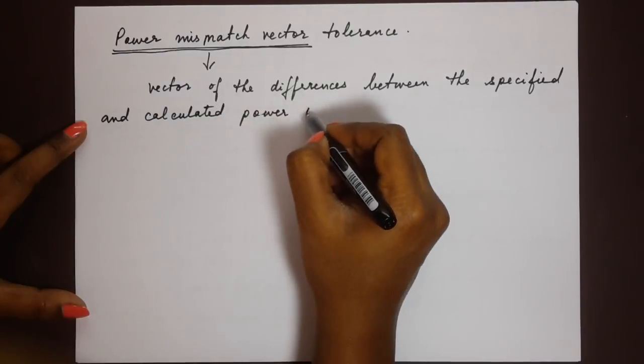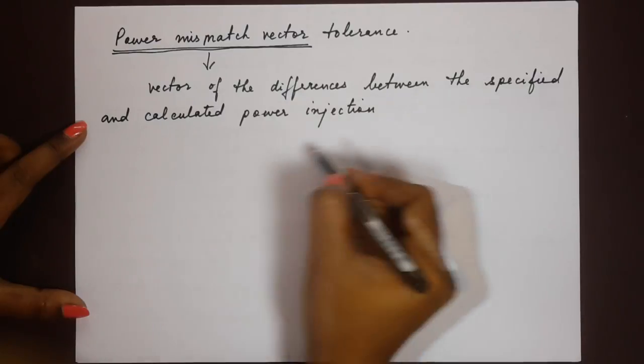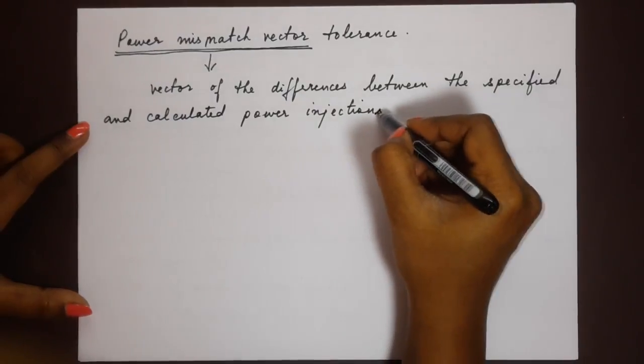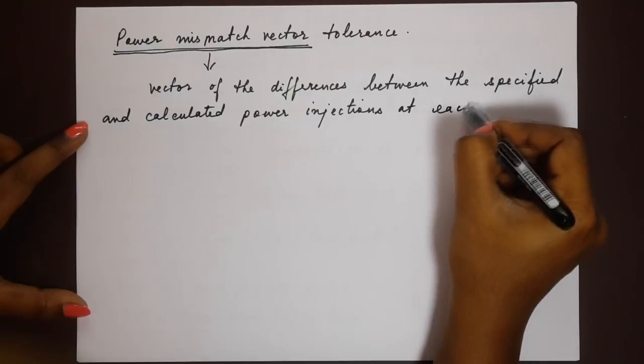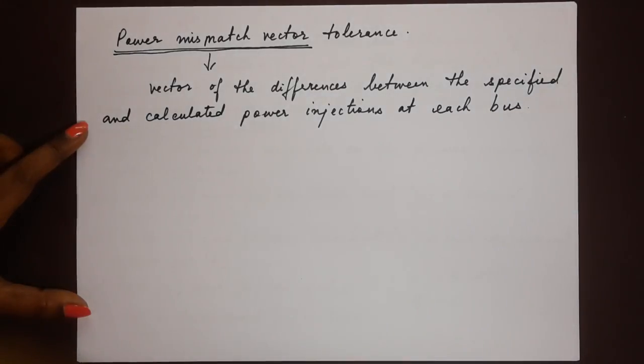These are actually power injections, specified and calculated power injections at each bus. So power mismatch vector is the vector of the differences between the specified and calculated power injections at each bus.